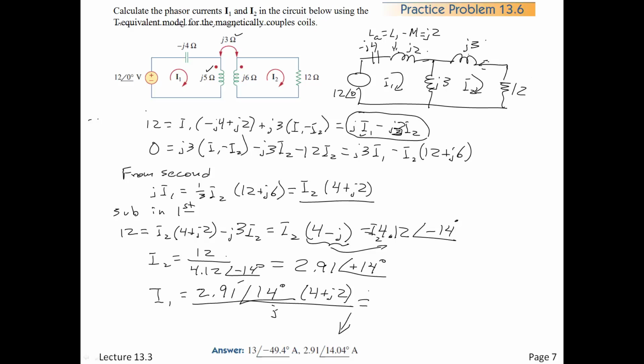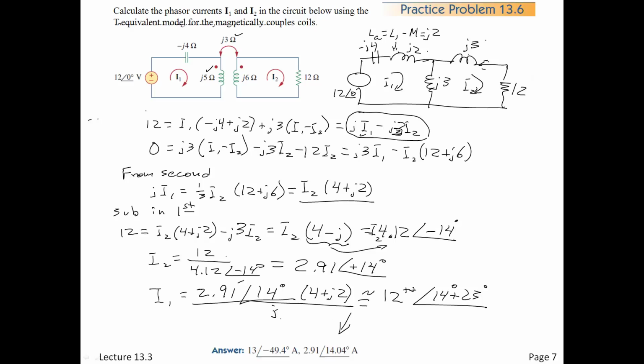So I'm going to estimate this as 12 plus plus, and I can probably take a guess at the angle, but at any rate, it's going to be 14 plus something. 2 by 4 is probably something about 25 degrees.